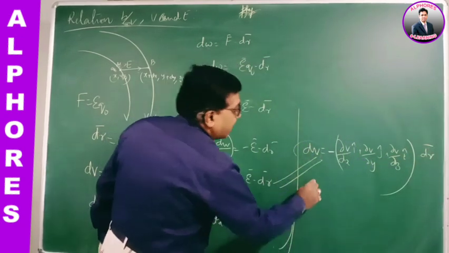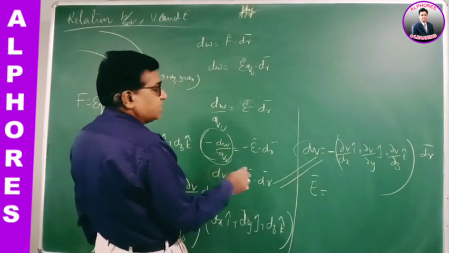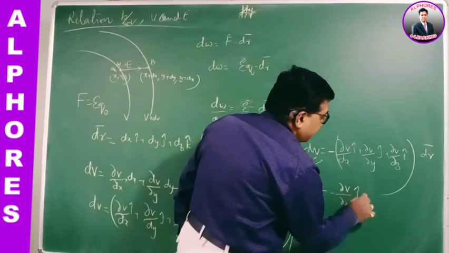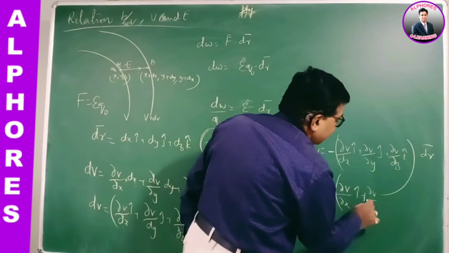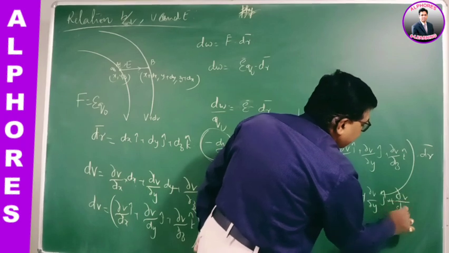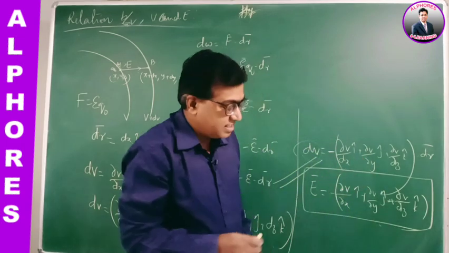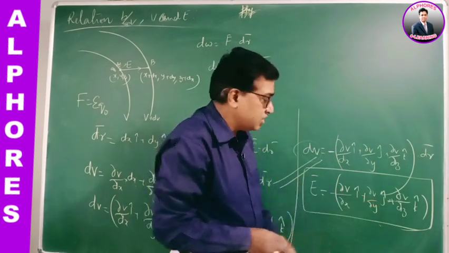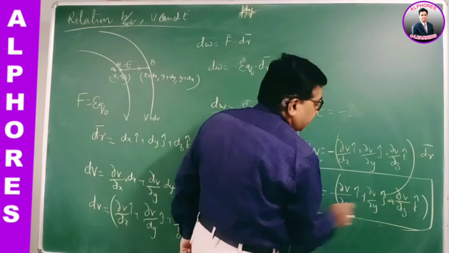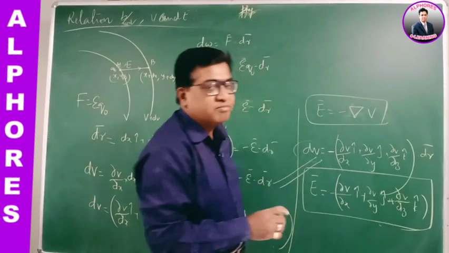So comparing, I get the electric field E equal to minus dou V by dou x i cap minus dou V by dou y j cap minus dou V by dou z k cap. So this is the electric field. It is the negative of the gradient of potential. You can write in short, E is minus del V, the gradient being denoted this way.